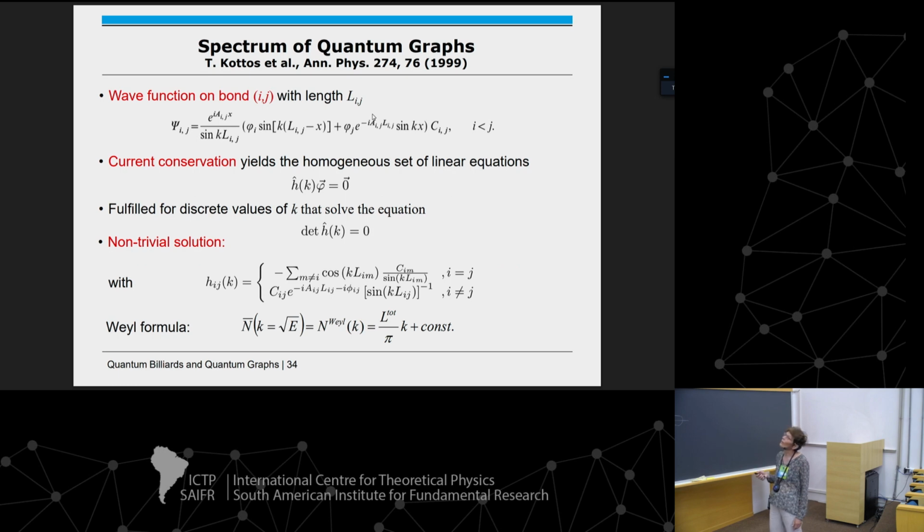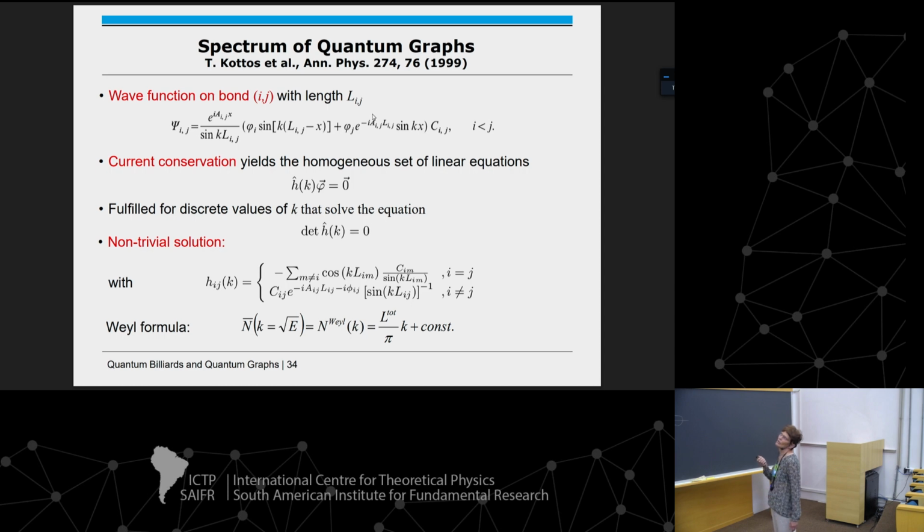So you can analytically solve these equations. You have a wave function on bond ij, so you can make a general ansatz which fulfills the continuity properties. When you insert a 0 here, you get sinus k Lij divided by sinus k Lij multiplied with Z1, and here you would get a 0.